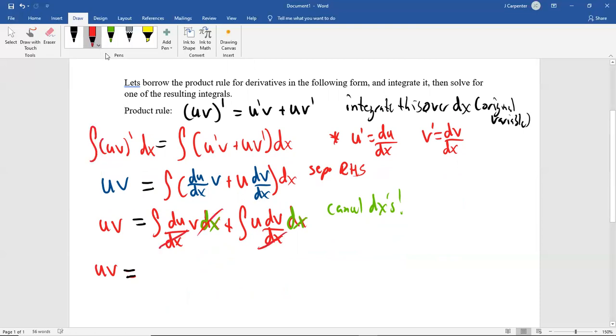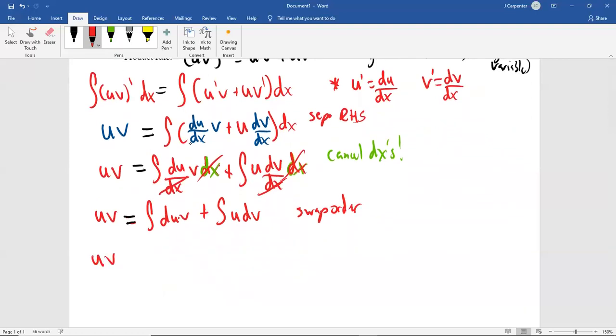Those are gone, and those are gone. So the integral of du times v, which is a weird format, plus the integral of u dv. I'm just going to swap the order in the first. So what we get is uv equals the integral of v du plus the integral of u dv.